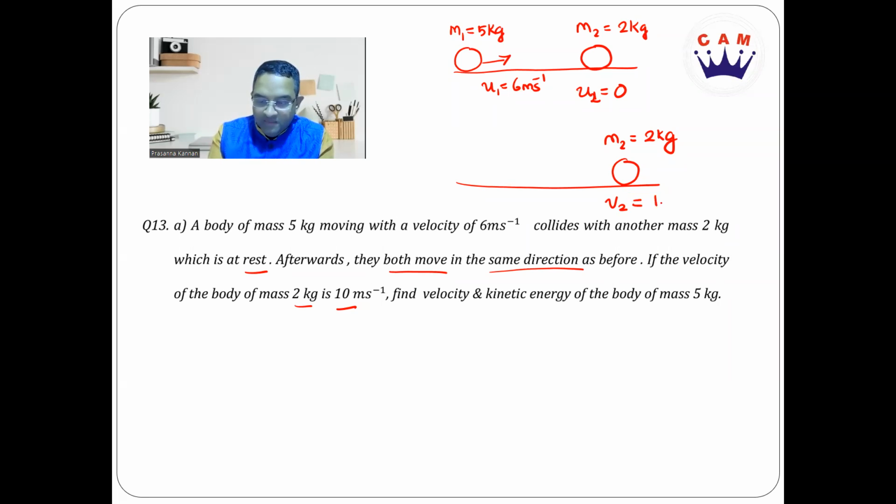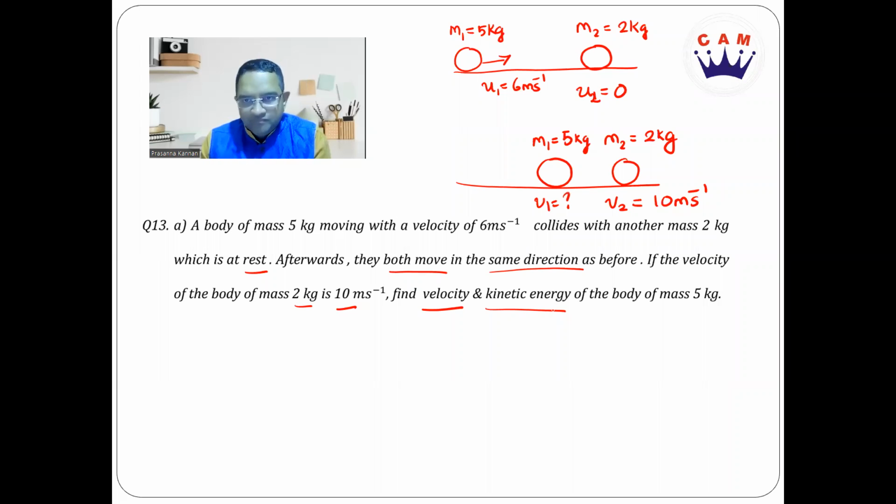What is its velocity? 10 meters per second. Then, what is going to be the velocity of the 5 kg mass? That's the first part of the question. And finally, you're also asked to find the kinetic energy of the mass, correct?